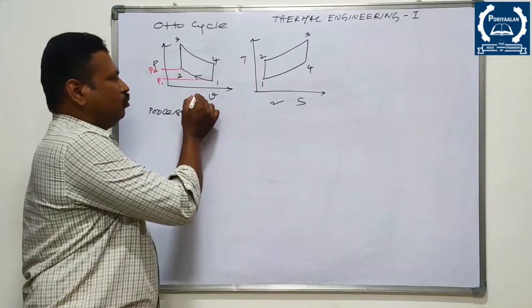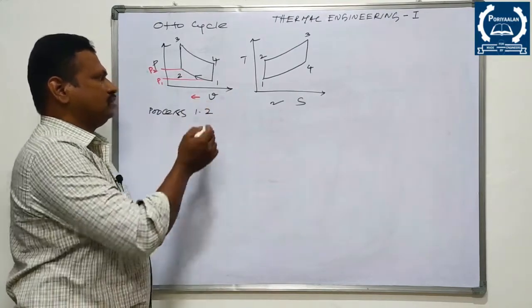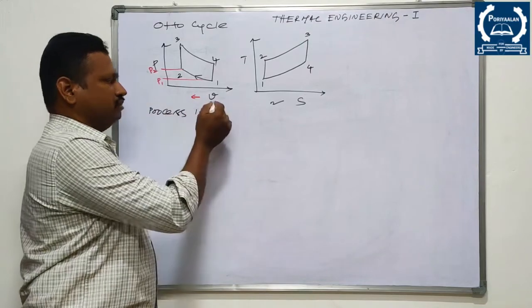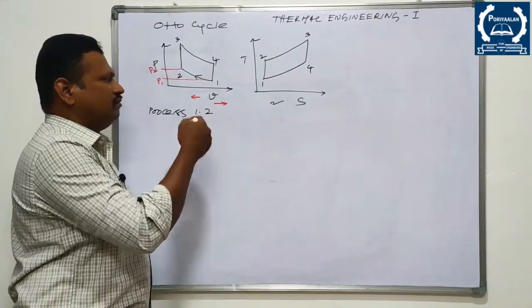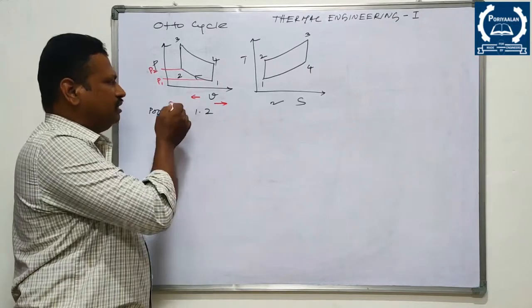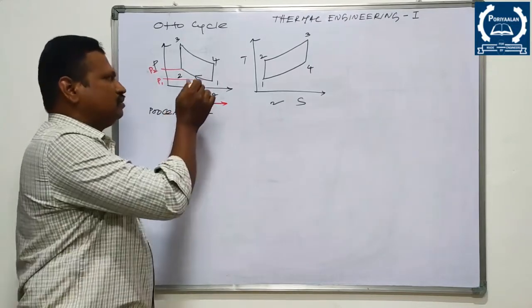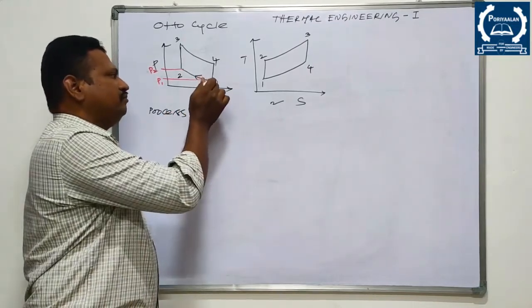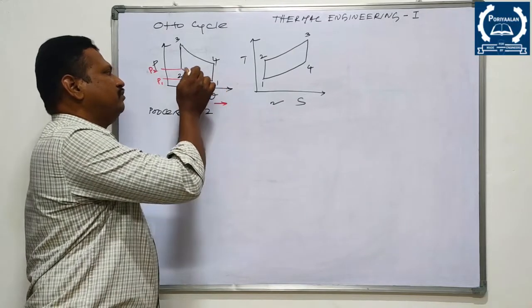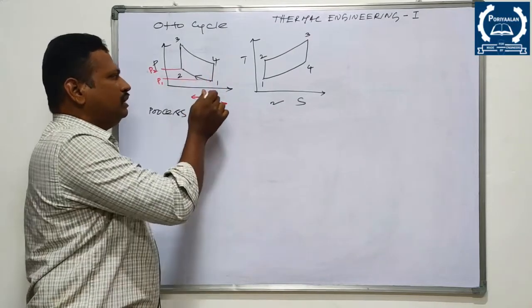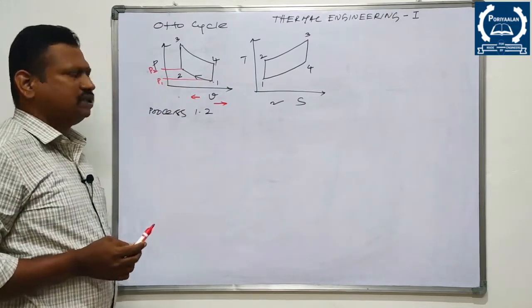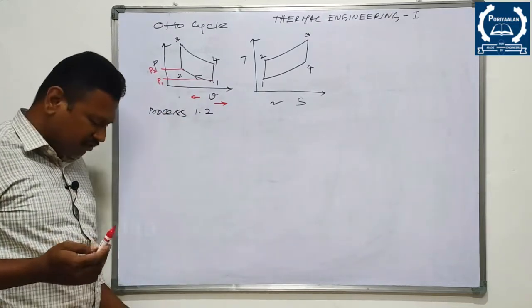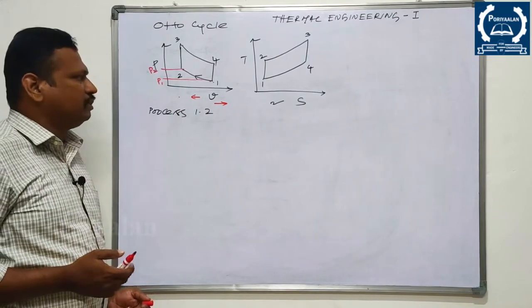Then volume decreases, because when you are going towards the right, volume increases. When you are coming to the left side, volume decreases. So as far as this PV diagram, pressure increases from P1 to P2, volume decreases from V1 to V2. So when volume decreases, it will be a compression process.